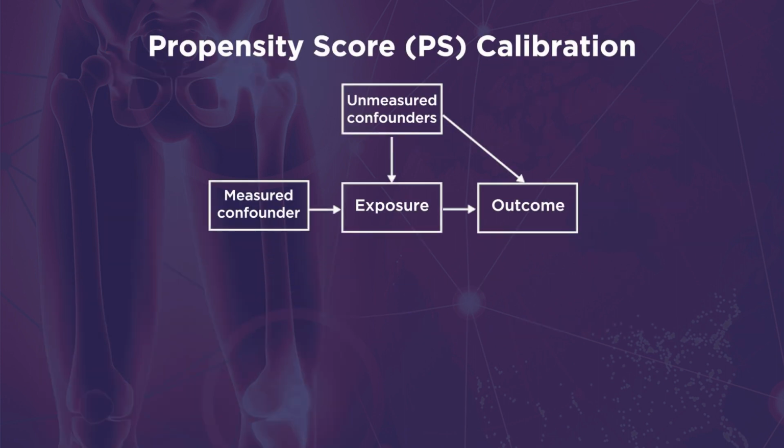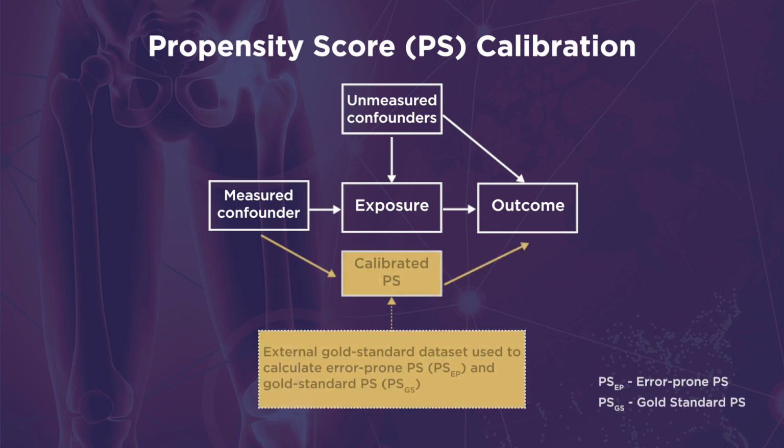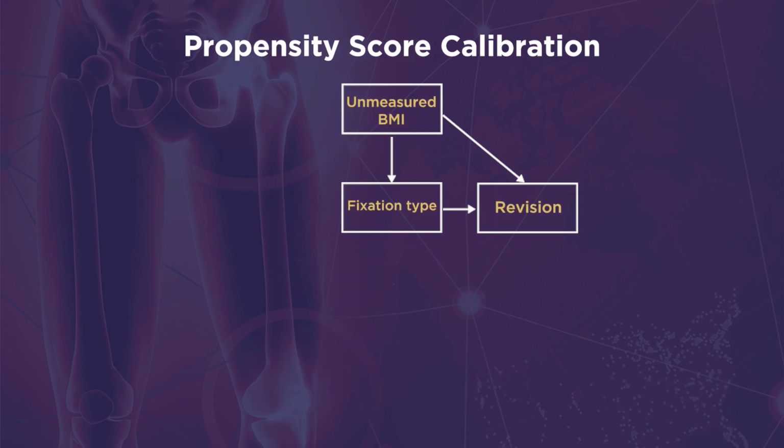Propensity score calibration adjusts for residual confounding in the error-prone main dataset by importing information about the unmeasured confounders from a smaller external gold standard dataset. For instance, we know that BMI is a confounder of the relationship between fixation type and revision.